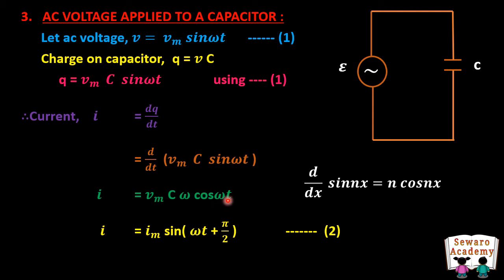Using that formula, we have replaced cos omega t by sin of omega t plus pi by 2. And this Im here is Vm omega C. So you have to remember this expression for current, which is used to draw the phasor diagram.